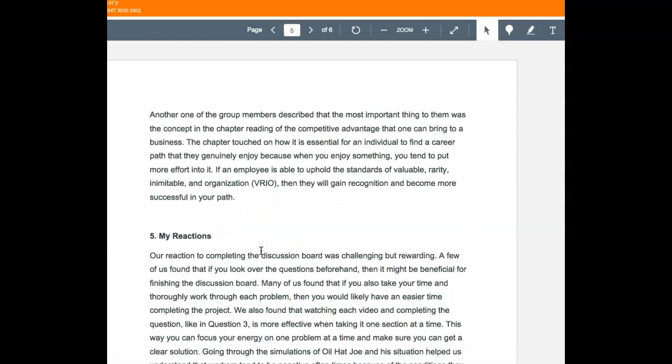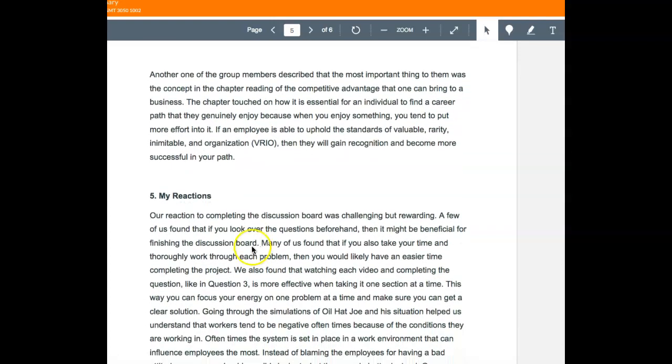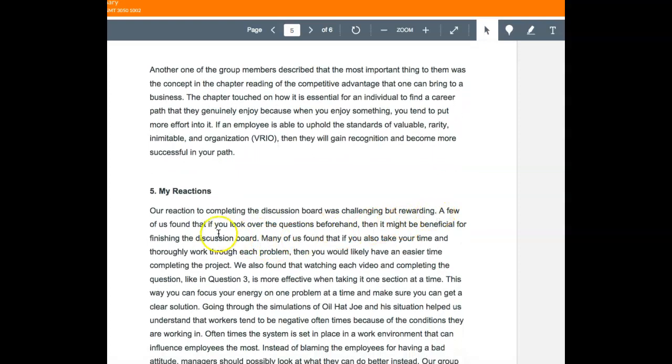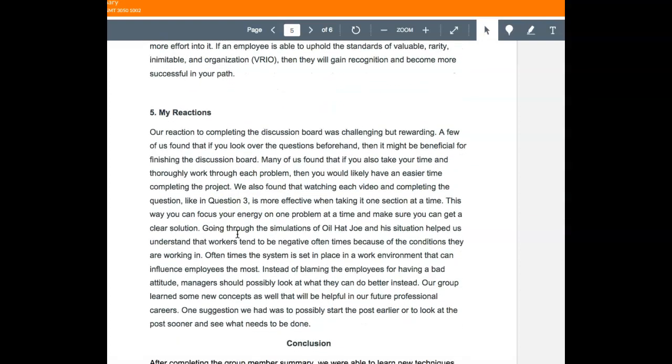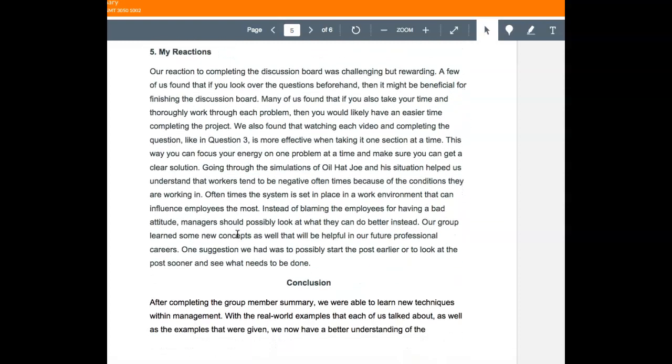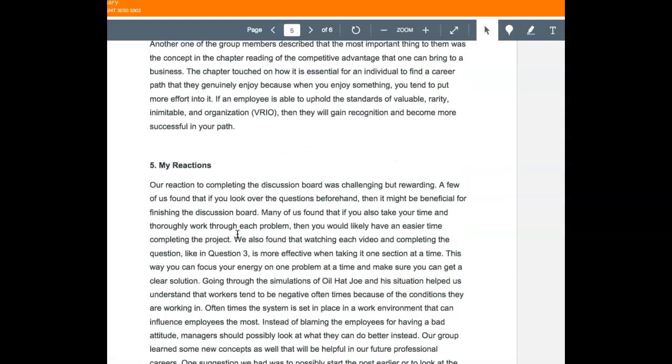They did their reactions. Same thing. A few of us found. So they're doing themes, and this is what I want you to do on these summaries. This summary is well done. Lucky Number 13 team had a lot of good individual posts within this team. So nice job, Lucky Number 13.